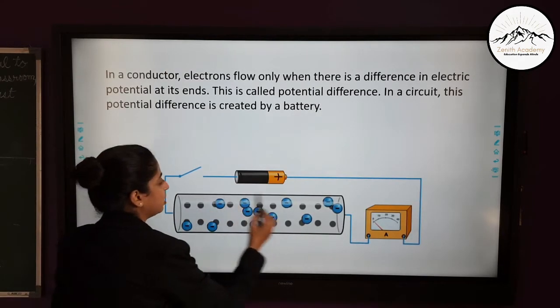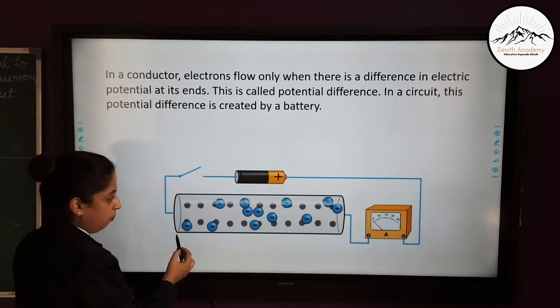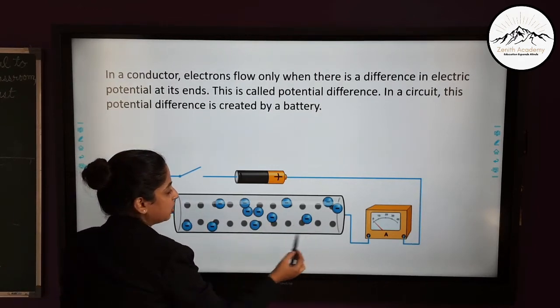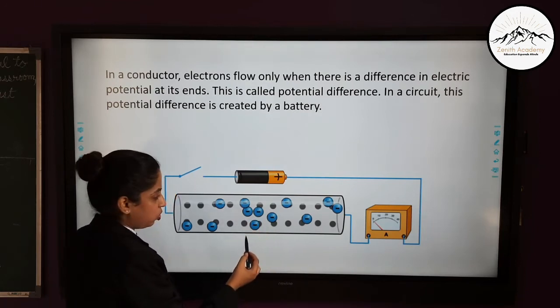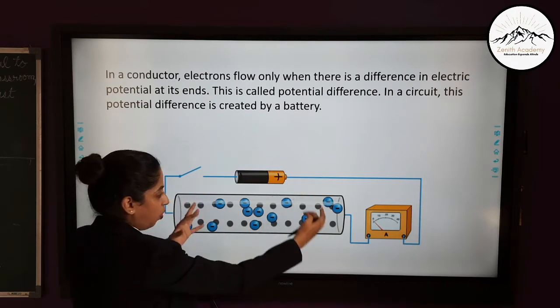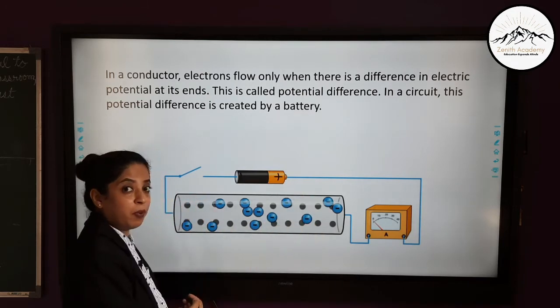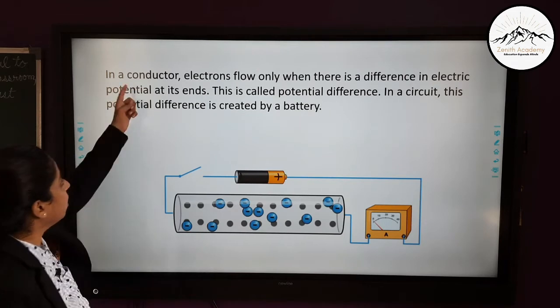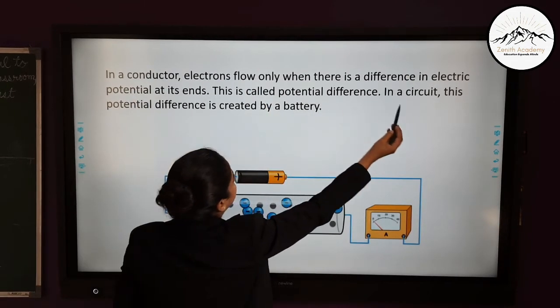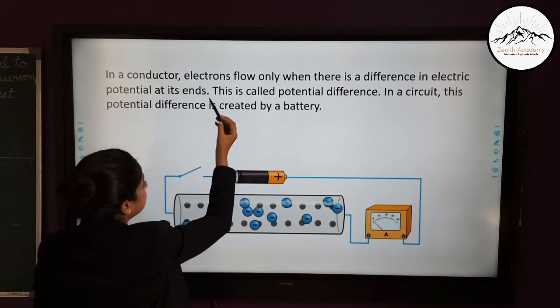Here you can see a piece of a metal wire. There are positive cations, metal ions you can say, and free electrons. These free electrons keep bumping into each other and the positive ions in the walls, but they do not move in a particular direction. In a conductor, the electrons will flow only when there is a difference in electric potential at its ends.